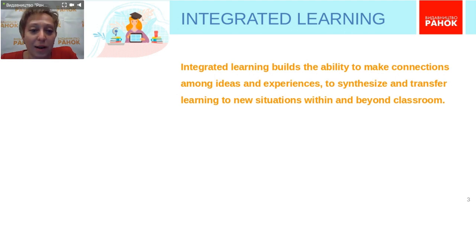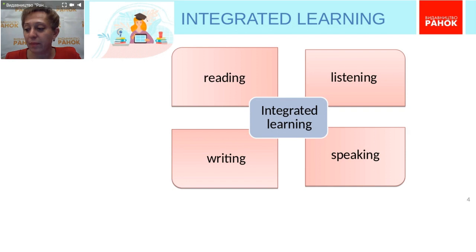And integrated learning approach is just perfect for studying foreign languages. And today I will try to prove it with the help of our webinar. So, integrated learning combines different things, and I have prepared some tables to show you that integrated learning is really for foreign languages.